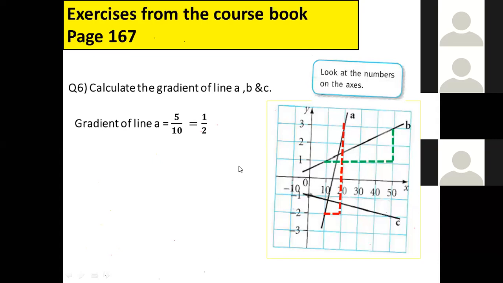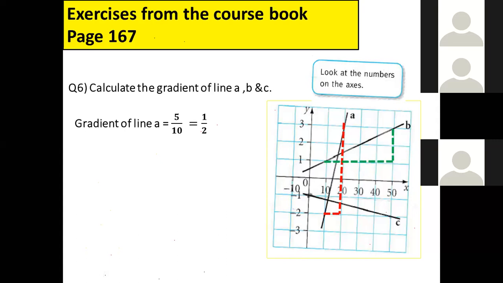So how many up? Up 2. And how many across? 4 units. Are you sure they are 4? So do I say 2 divided by 4? Yes. Jude, did you check the numbers on the x-axis? Did you notice that we are jumping tens?